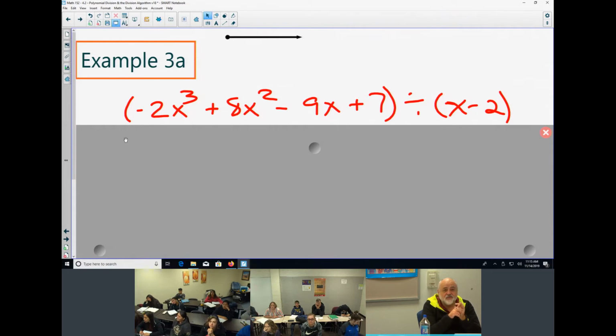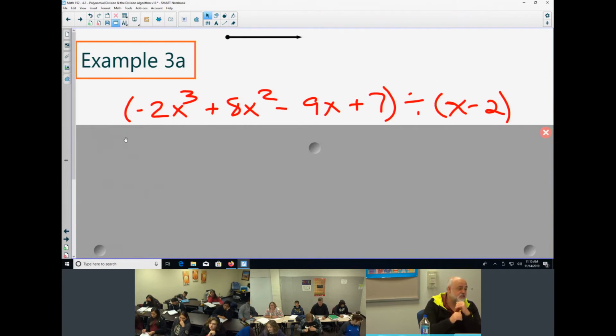Can anyone tell me what those two things are? Okay, you have to have your polynomials in descending order, and you have to have your placeholders. So you still need that for synthetic division.